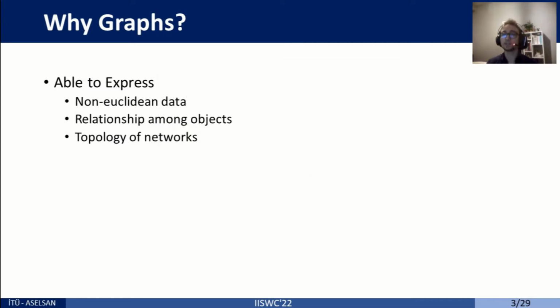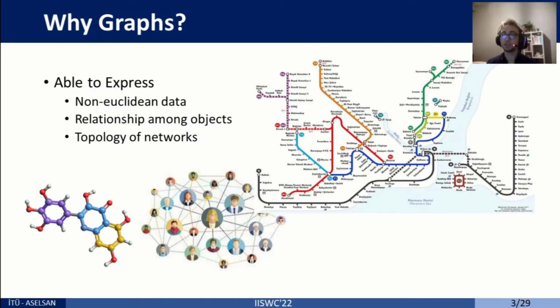Graphs are able to express the relationship among objects and the topology of such networks. We can give some examples to graphs such as molecular structures, social networks, and transportation maps. I put here the illustration of Istanbul subway network, which is kind of huge and complex.